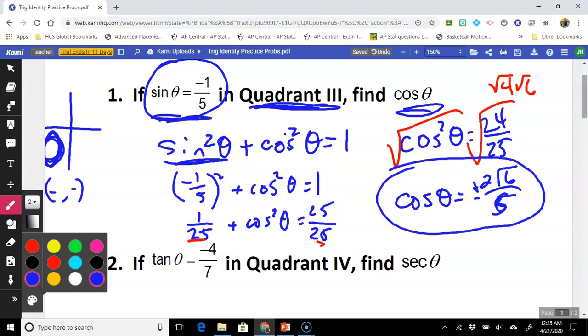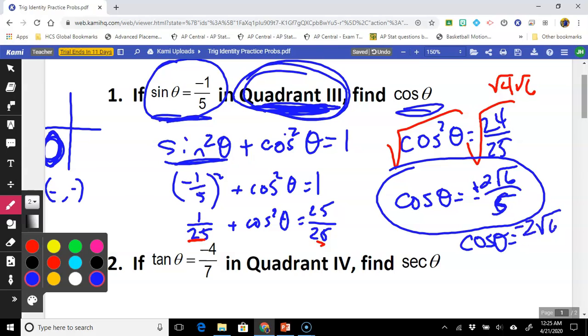Now, I do need to go back to this concept. It actually should be positive or negative, and I need to go back to the fact that I'm in quadrant 3. So that tells me more specifically that the cosine of theta would be negative 2 square root of 6 over 5. So this is actually my answer.